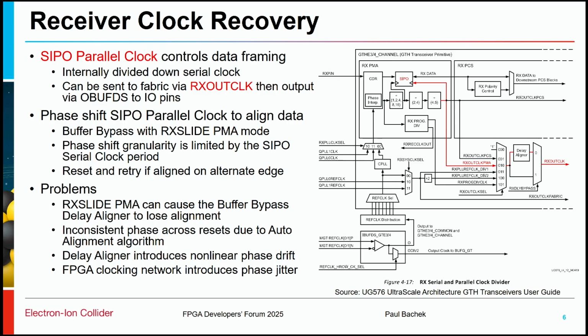Again, the FPGA fabric cannot directly drive this clock. It's generated from the phase interpolator, which locks to the incoming data line rate and then generates a divided down clock internally to the transceiver.